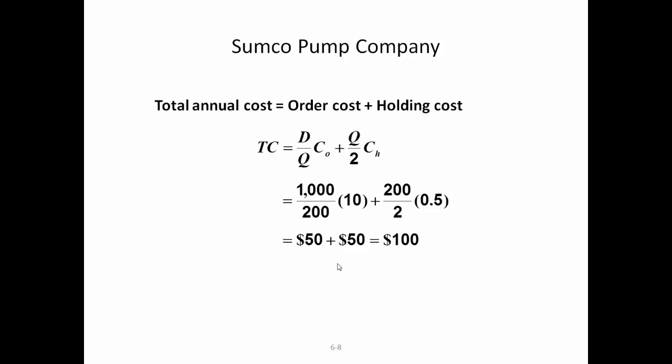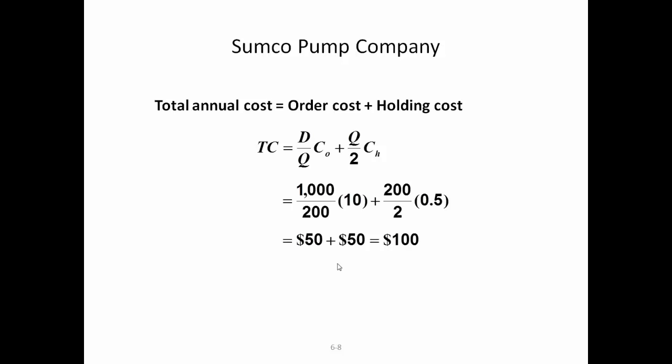Well, we have something else that we can compute, and that is called the total annual cost. And what is that total annual cost? Well, it's nothing more than the cost of ordering the units plus the cost of holding the units. And again, I have this information. I know what the demand is.